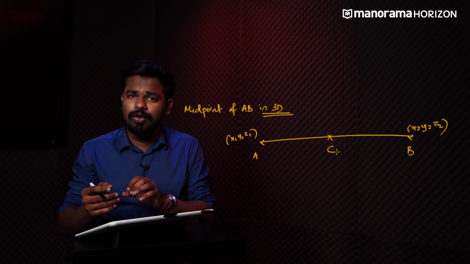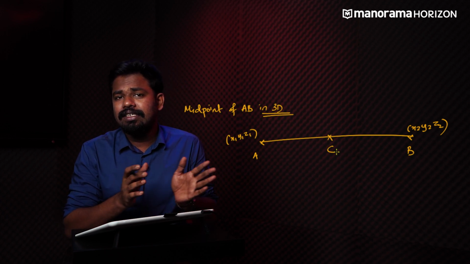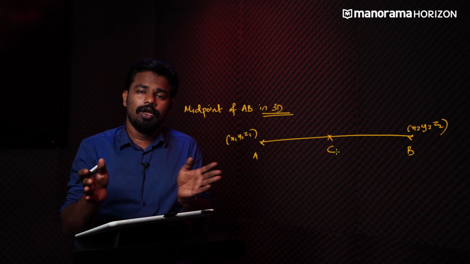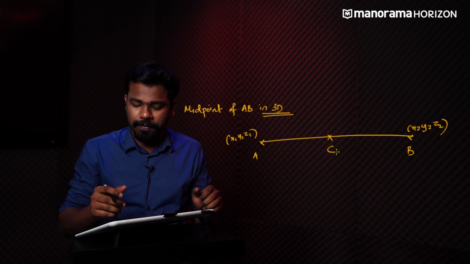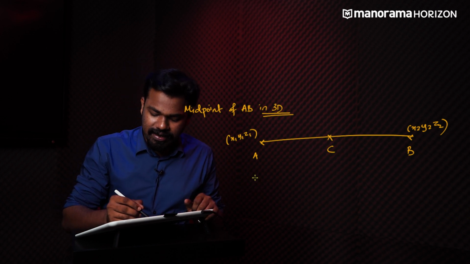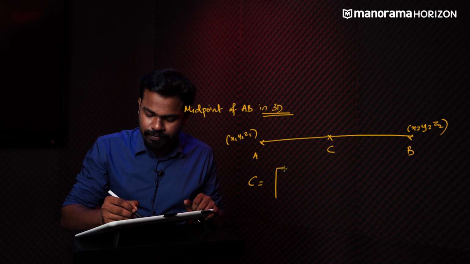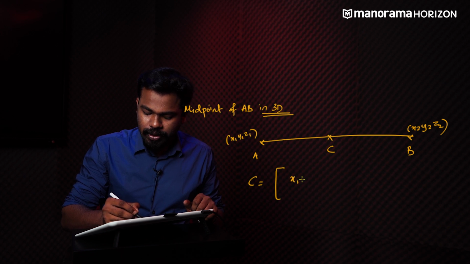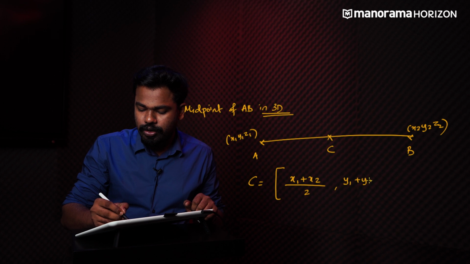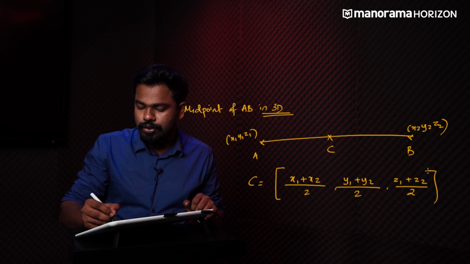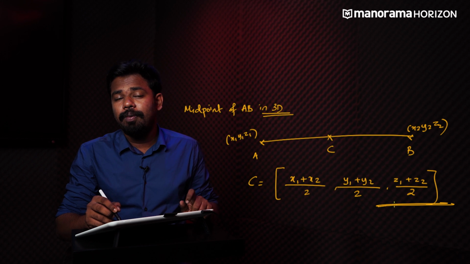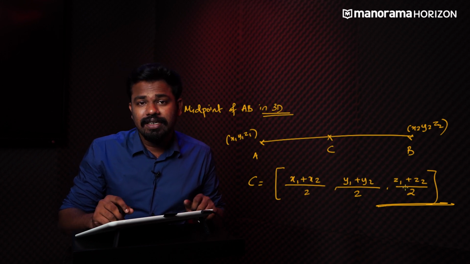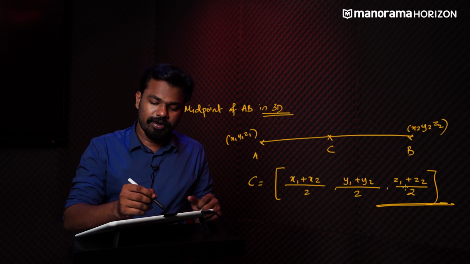So there again you can use section formula, but directly, since it is a midpoint, the two parts will be in the same ratio, or 1:1. So in that case, you can directly write the midpoint C is nothing but (x1 plus x2) by 2, comma, (y1 plus y2) by 2, comma, (z1 plus z2) by 2. So this gives us the midpoint of the line AB in 3D geometry.